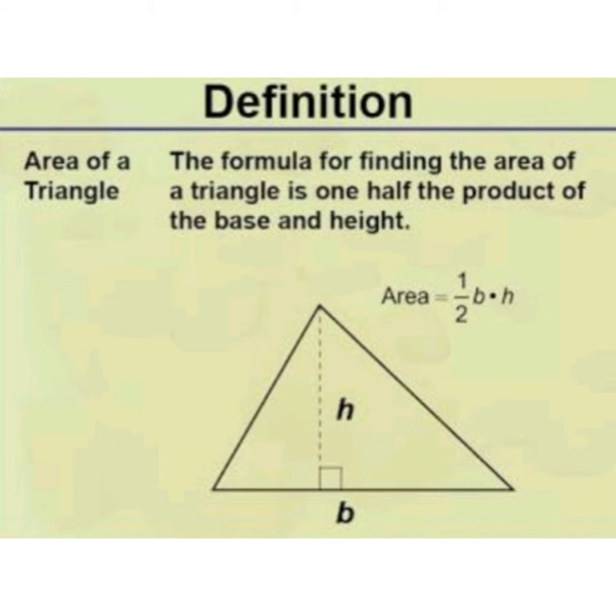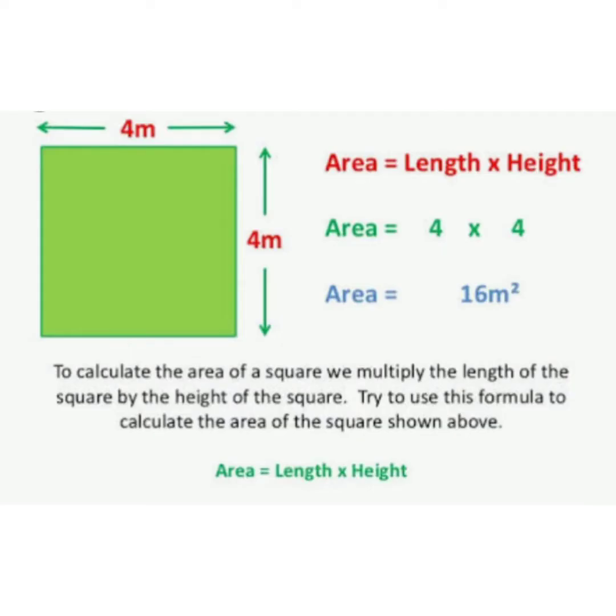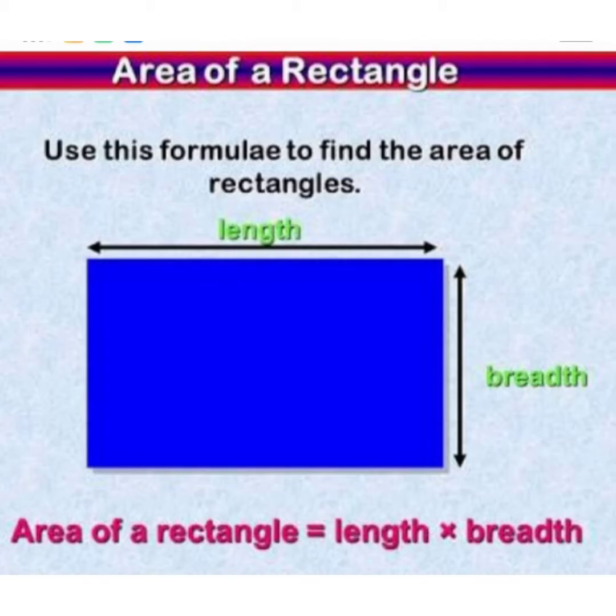So the formula is 1 by 2 b into h. To calculate the area of a square, we multiply the length of the square by the height of the square. So the formula is length into height. The formula to find the area of a rectangle is length into breadth.